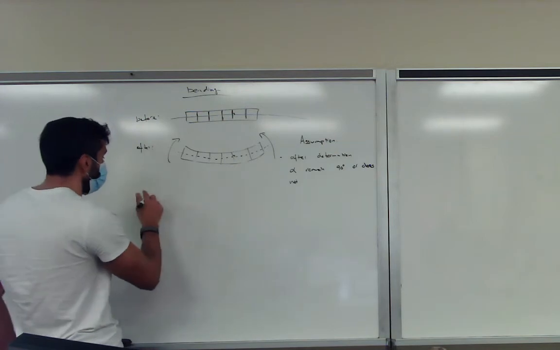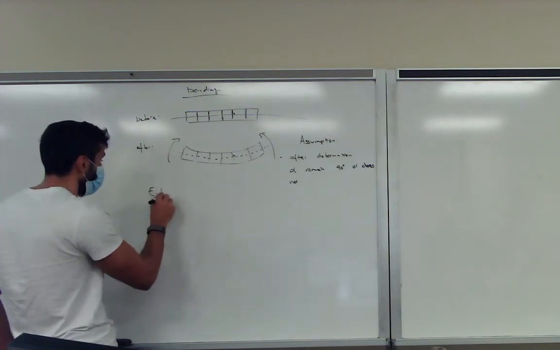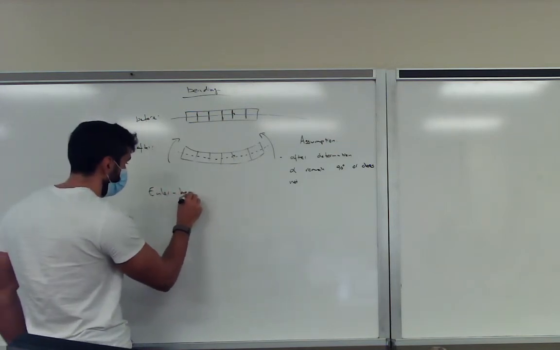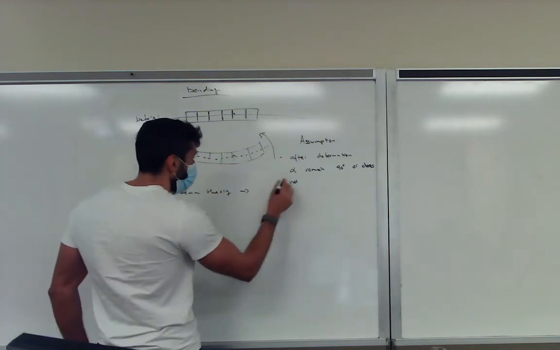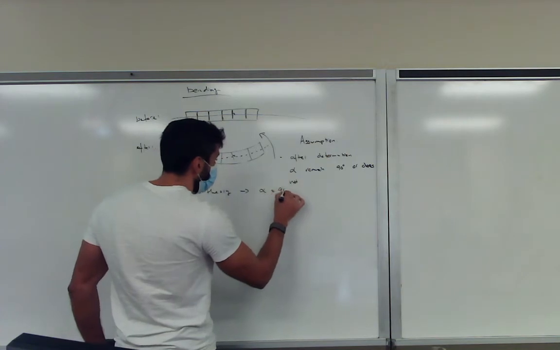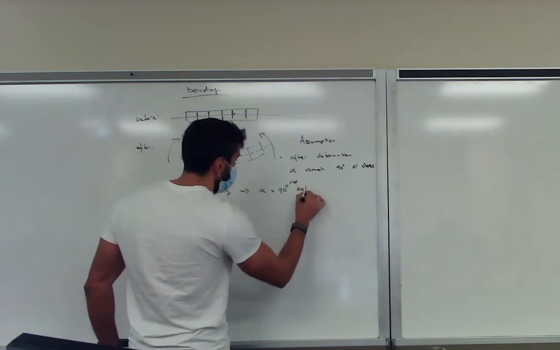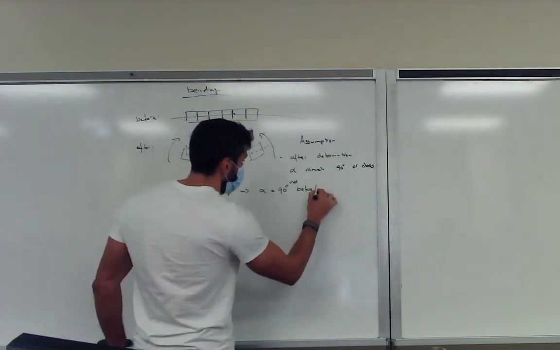The one that says it remains is known as the Euler beam theory. In this case, we say yes, alpha is 90 degrees before and after.